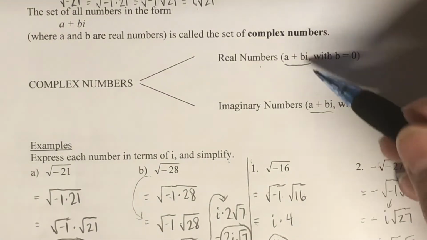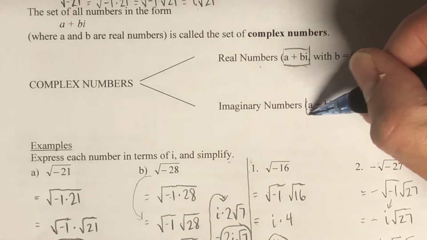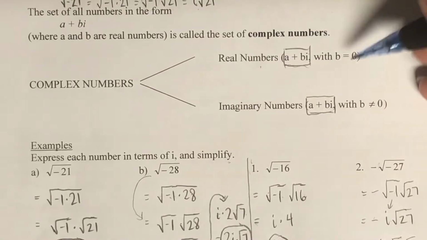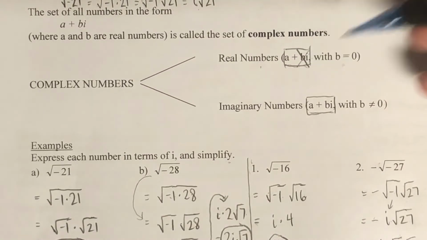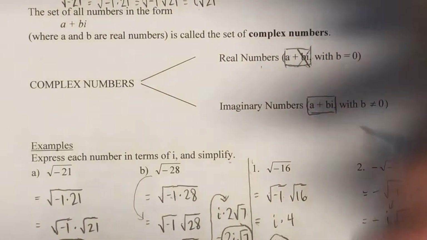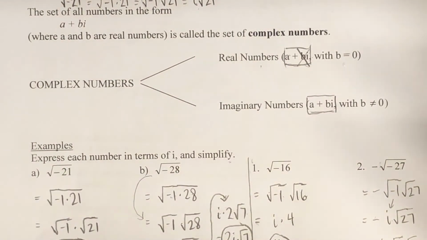The reason why they're written that way is because it's one single format that allows you to write something as a real number, because if the b part is 0, that would make this term disappear, and you would just have this part right here, which does not have an i in it. And if you have a number that doesn't have an i in it, it can't be imaginary.